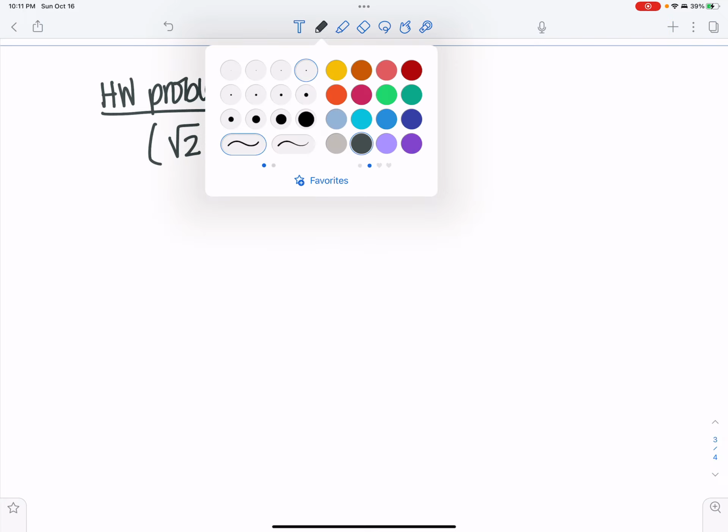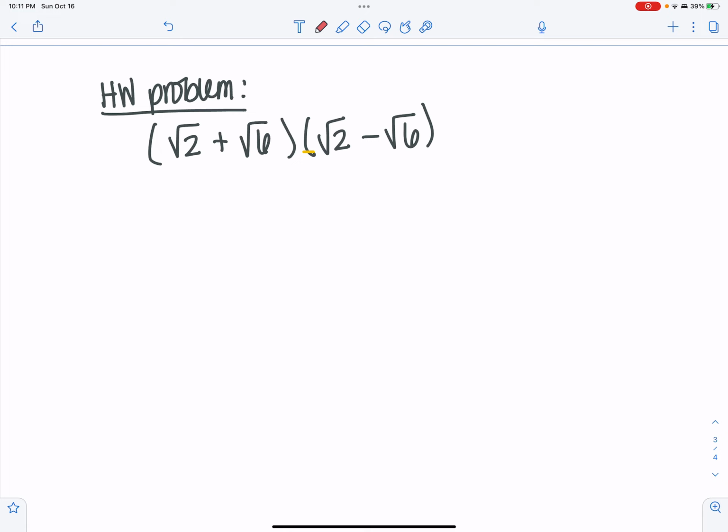All right, so hopefully you have gone as far as you can with this problem and or finished it, or you got stuck and we're going to work through it together. You should have started with FOIL: first, outer, inner, last. My first, square root 2 times square root 2.